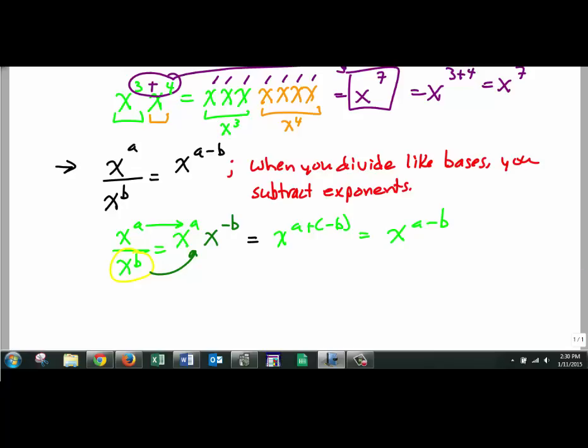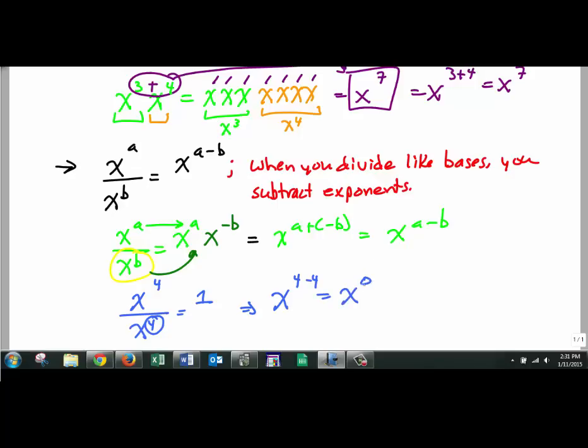Now this also gets us to the conclusion of, well, what about x to the 0 power being 1? Let's say we had x to the 4th over x to the 4th. We already know anything divided by itself is 1, so let's start with that. And then when you divide like bases, you subtract the exponents, so this 4 becomes 4 minus 4, and I end up with x to the 0.